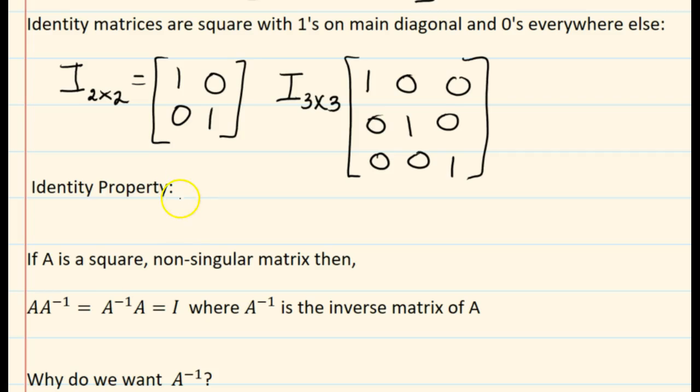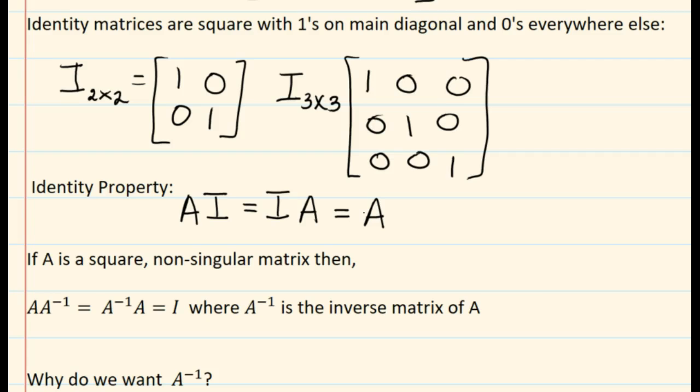One of the biggest things we want to note is that if you multiply the matrix A times the identity matrix, or the identity matrix times A, you'll actually get the matrix A. This is what we call the identity property.